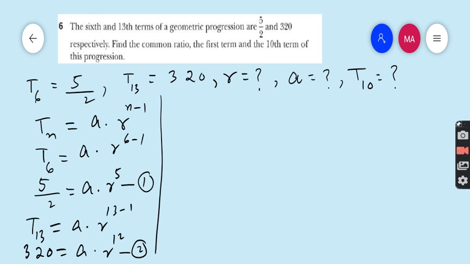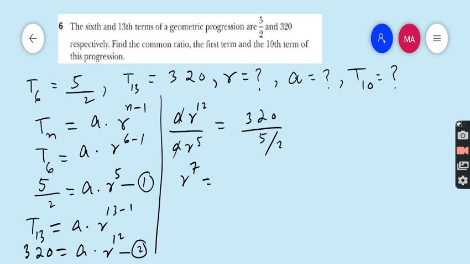If we divide equation 2 by equation 1, that is a r^12 upon a r^5 equals 320 upon 5 upon 2. The a cancels with a, and r^12 divided by r^5 gives r^7.